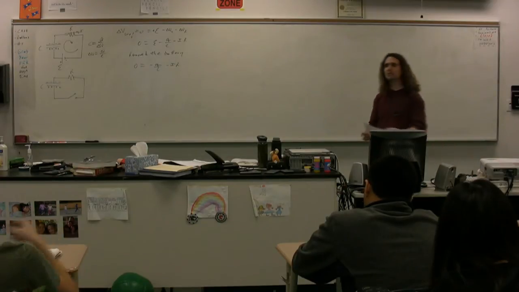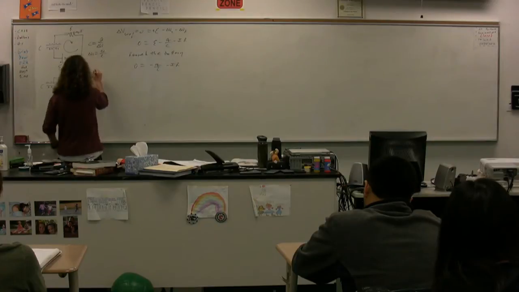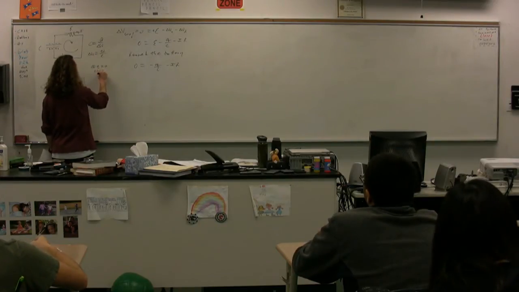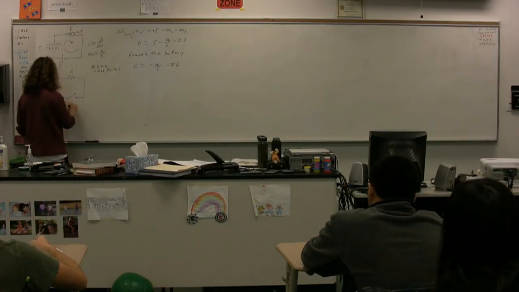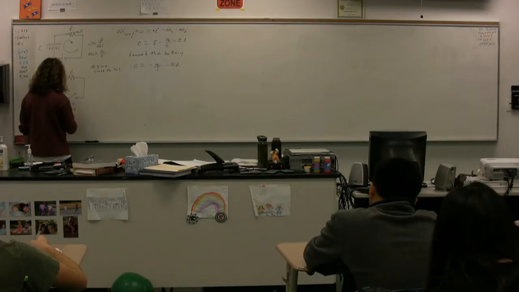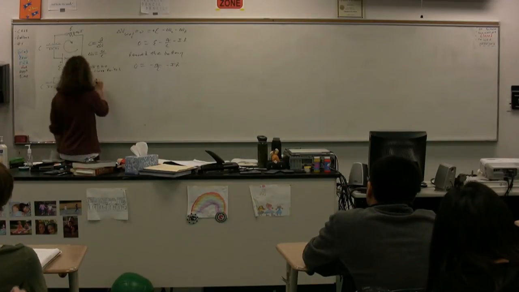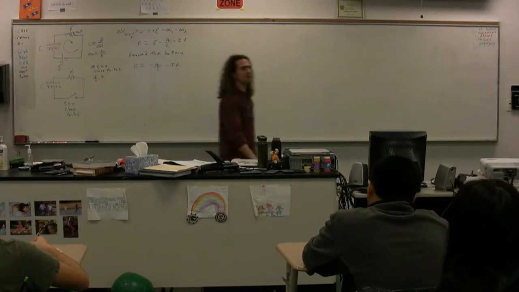I want to actually start out now with the limits. So what do we know at t equals 0, which is when we close the switch? What do we know, for example, about the initial charge?